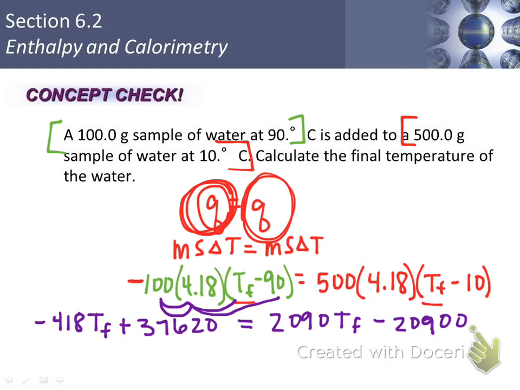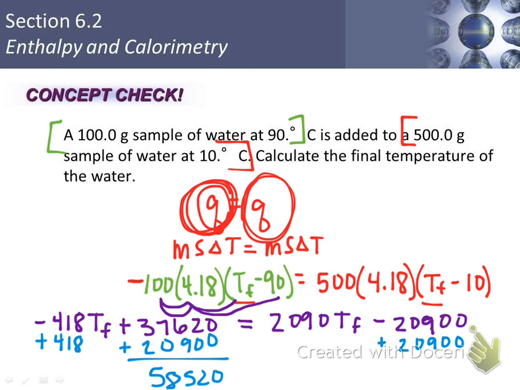Now I'm going to combine my like terms. So I add over 20900. And then I add over my 418 TF plus 418 TF.